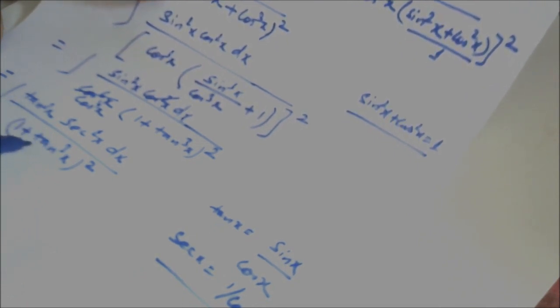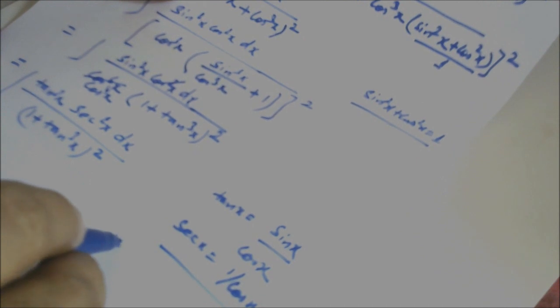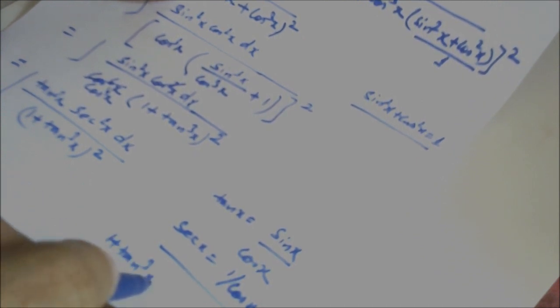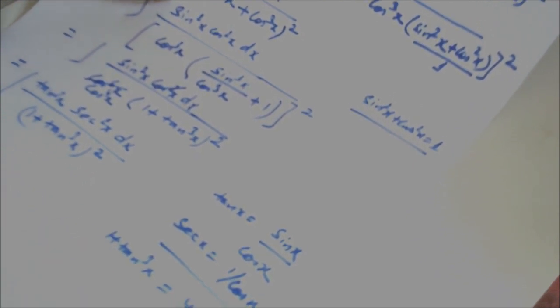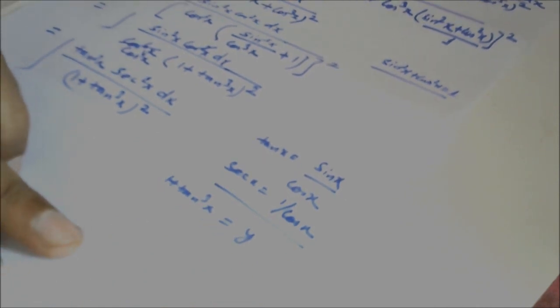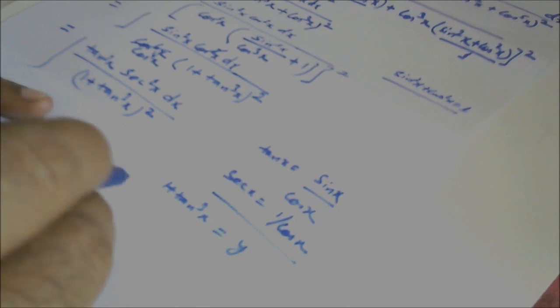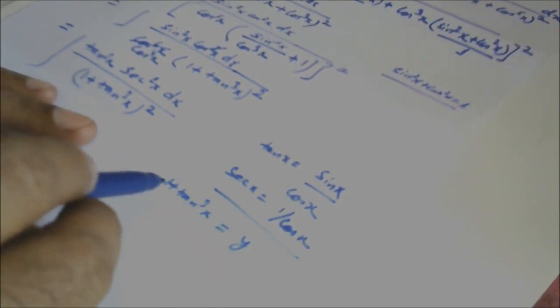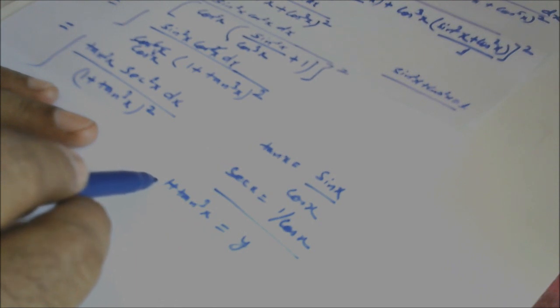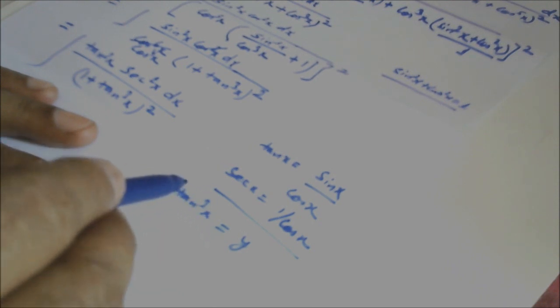We go for the denominator part. So 1 plus tan cube x, suppose we assume it as y. Take 1 plus tan cube x is equal to y. Then if we differentiate, the differentiation of the constant is 0. Now this tan cube x will be differentiated.